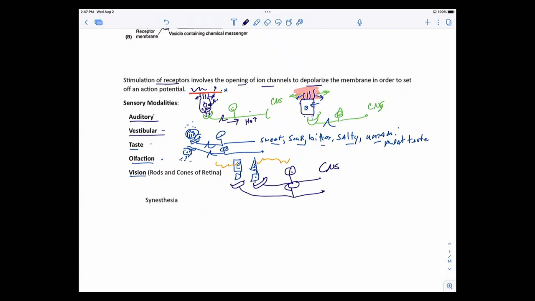Again, the level of neurotransmitter is being altered in response to the photons striking the rods and the cones. Now, what's interesting about the visual system is that when the rods and cones are receiving photons, they actually are going to inhibit the neurotransmitters.